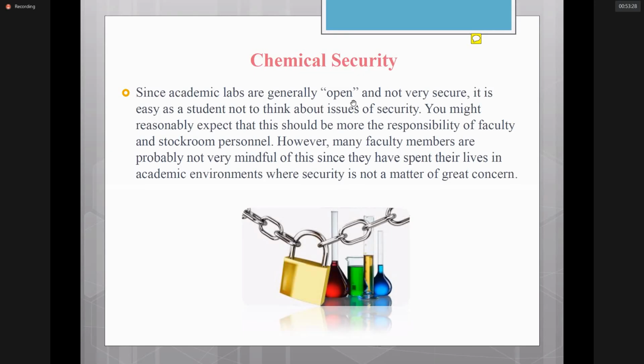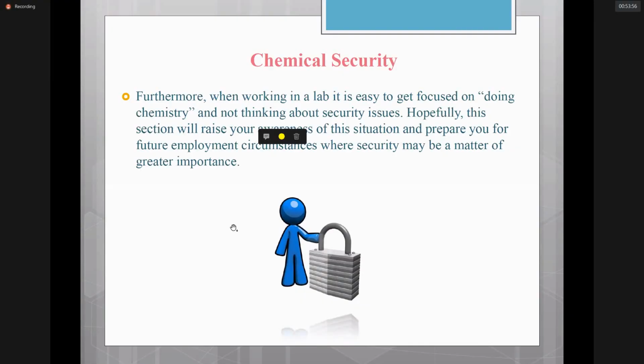This is the chemical security اللي ليس كل student أو كل الطالبات على علم فيها ويظنون إنه open والأكسس للكابينت أو للستورج عادي بأي وقت، لأن دائما المعمل مفتوح أو academic labs are generally open. But that is wrong. Now you are aware that there are certain personnel that are responsible for accessing these chemicals, so we can limit the security issues as much as we can if we share this knowledge.